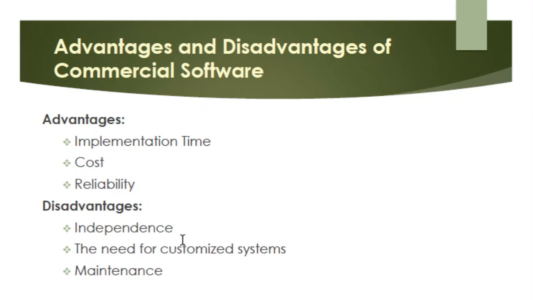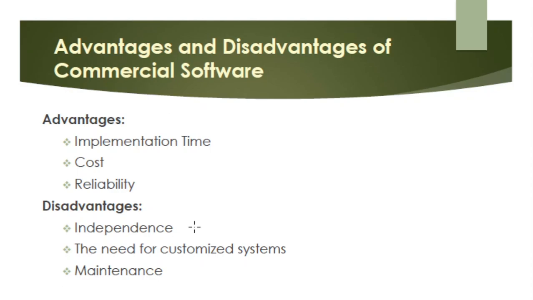Now, since the company is dependent on that vendor for their commercial software, if something happens to the vendor or the company of the vendor or your provider, diba? So it would affect the operations of your company as well. So that is a question on independence.